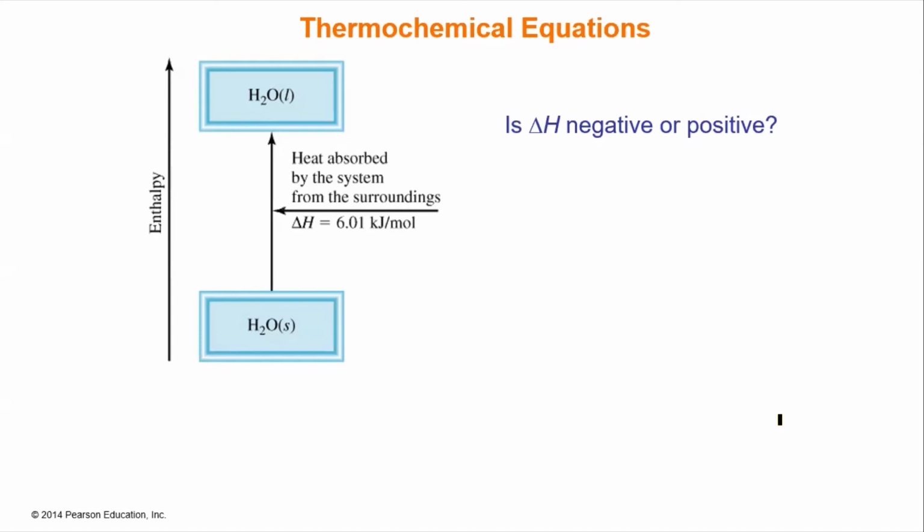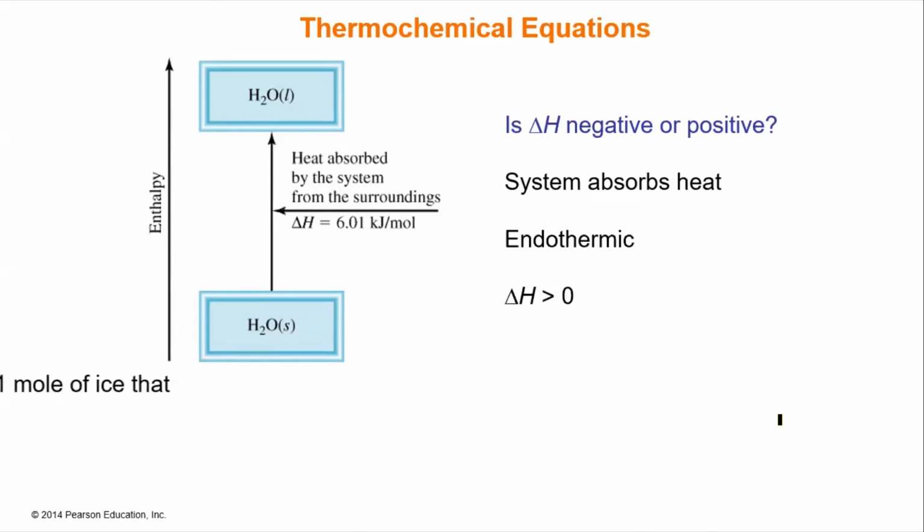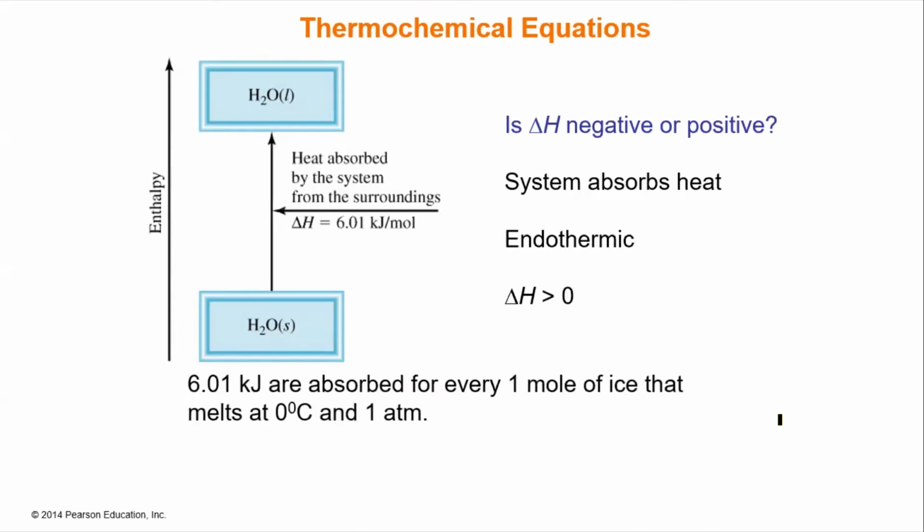Is delta H negative or positive? Well, we know from experience the ice is absorbing heat, so it's endothermic. Therefore, delta H has a positive value. So the statement I'm making is that 6.01 kilojoules are absorbed for every 1 mole of ice that melts.